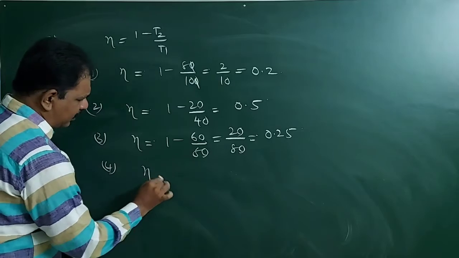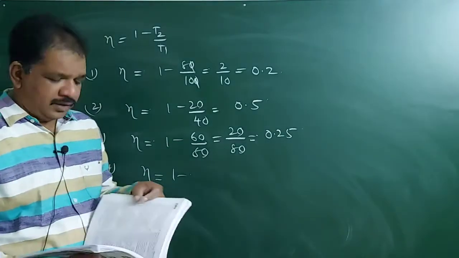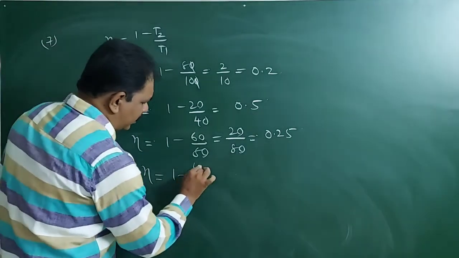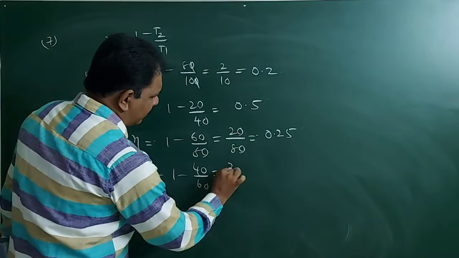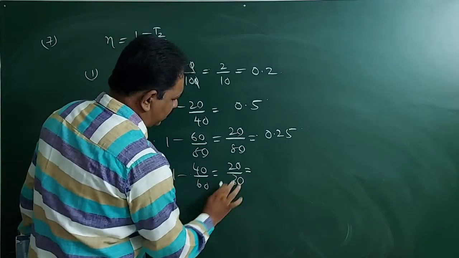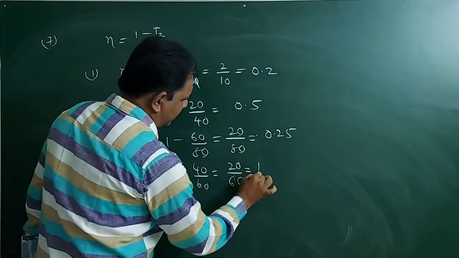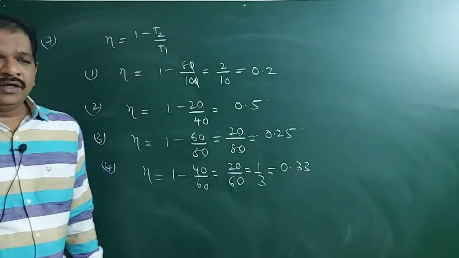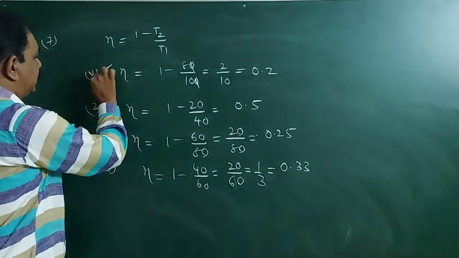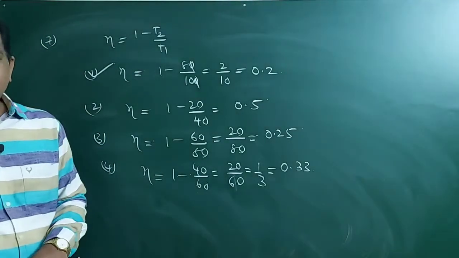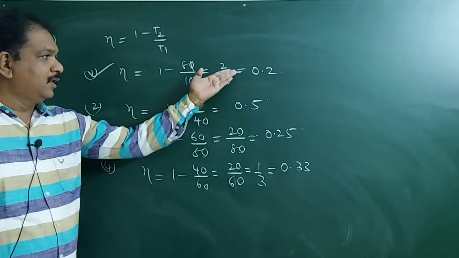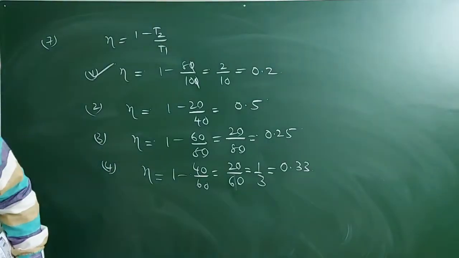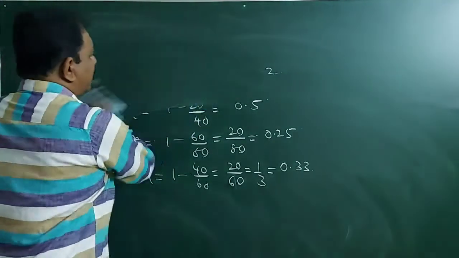Next, the fourth one, eta is equal to 1 minus 40 by 60, 20 by 60, 1 by 3, means 0.33. So where will efficiency be least? Here. If they asked where efficiency is maximum, it would be this one; least means this one. So the seventh question, first option. Next. Eighth question.